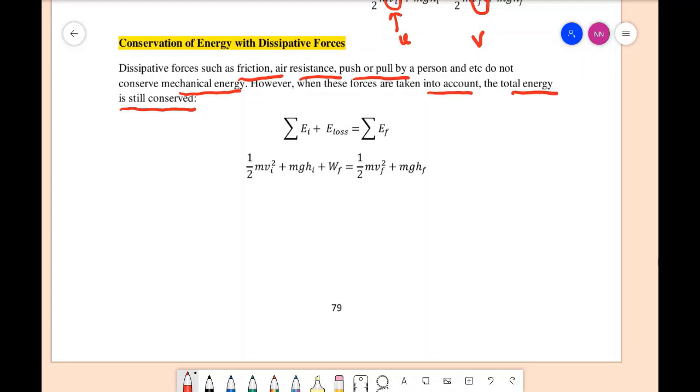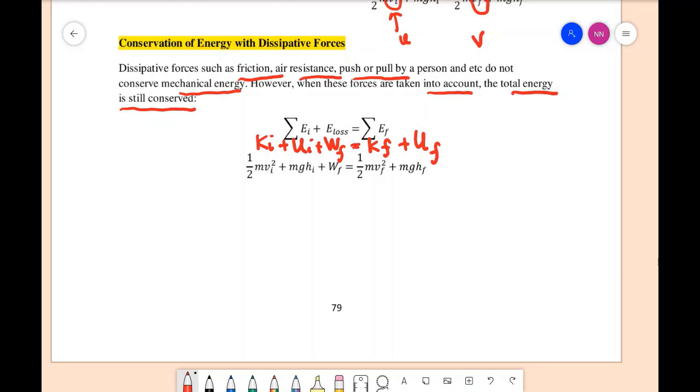Total energy initial consists of kinetic energy initial plus potential energy initial, plus work done by the friction, which causes the energy loss, and energy final consists of kinetic energy final plus potential energy final, Uf.